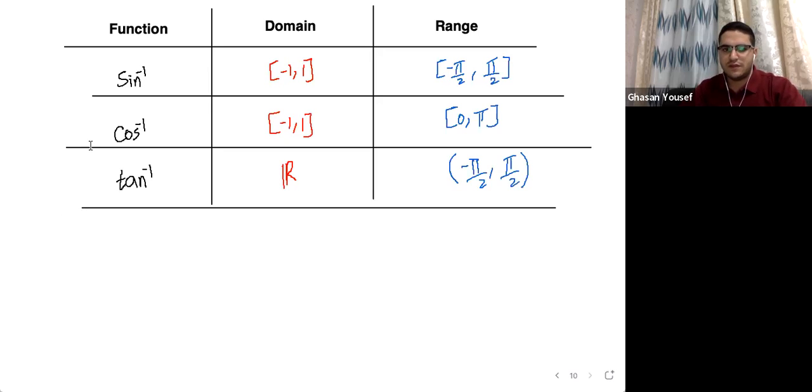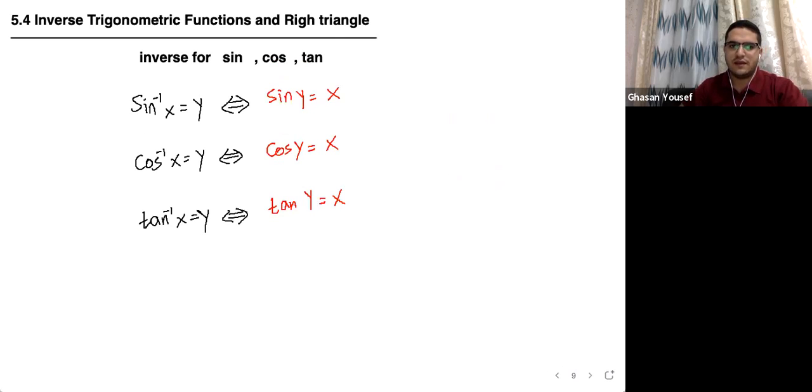So let me start by giving an example. Before the example, let me explain small things here. What does that mean? I mean a small example. Sine of π/6 is the same as what?